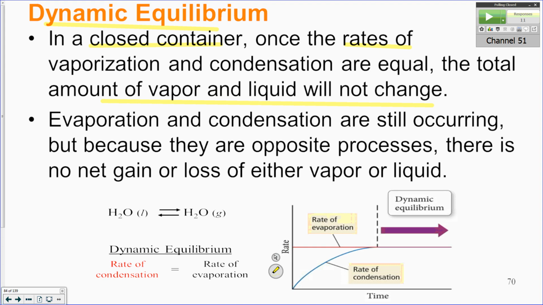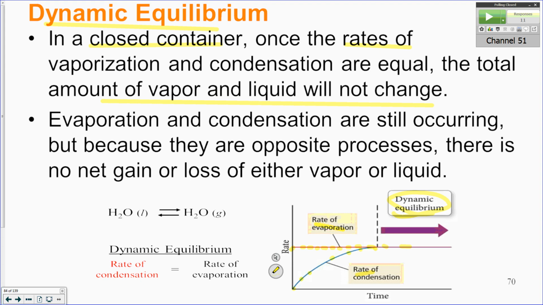The moment we pour the liquid in and put the lid on top, immediately it starts evaporating at that temperature. But because there's no vapor initially, the rate of condensation is 0, but as soon as there starts to be some vapor present, it starts to condense at a slow rate. As there gets to be more and more vapor, that condensation rate increases until the rate of condensation equals the rate of vaporization. And that's when you've reached the point of dynamic equilibrium.